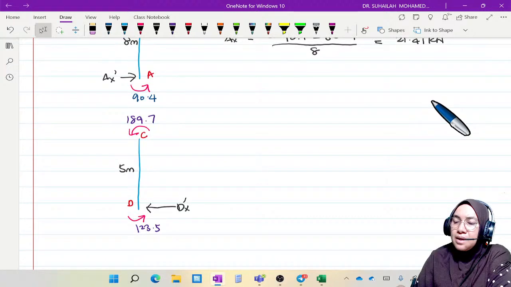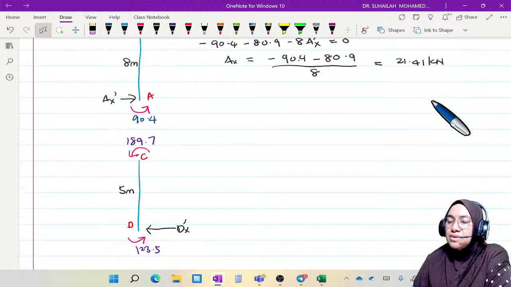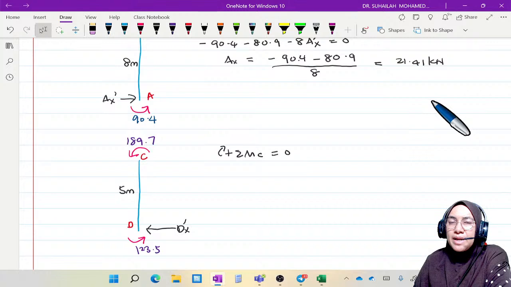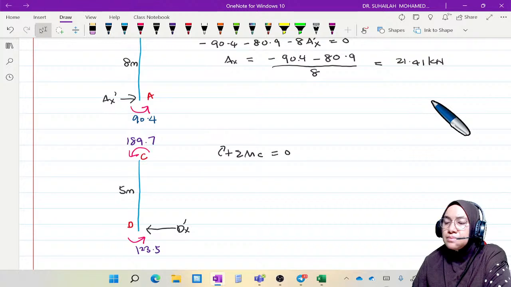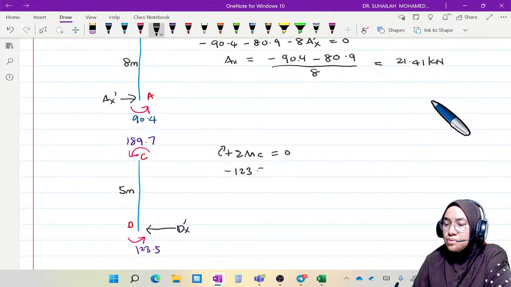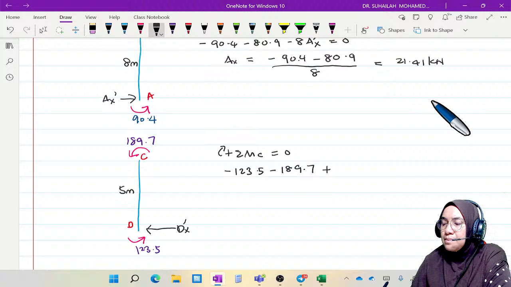So by taking moment at C equal to 0, we get negative 1 to 3.5 minus 189.7 plus dx times 5, dx prime.